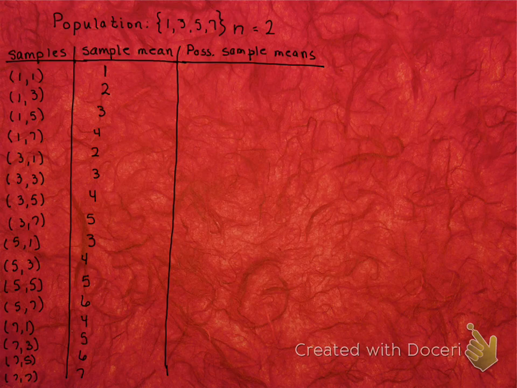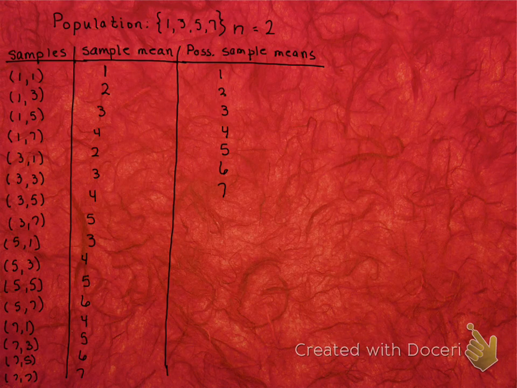So we've got a 1, a 2, a 3, a 4, and I'm going to go down the list here, and I see I've got a 5, and I'm going to keep going down the list here, and I've got a 6 and a 7. Okay, so those are all of the different possible sample means, and I only need one of each.